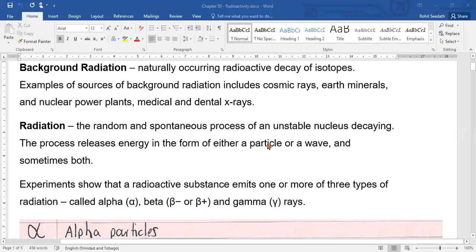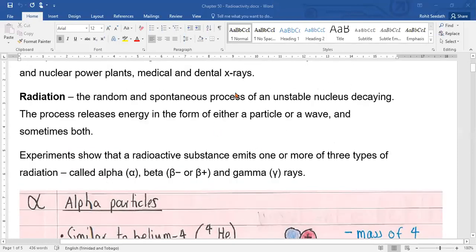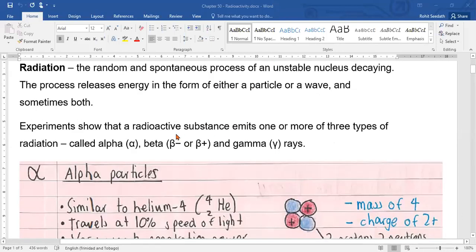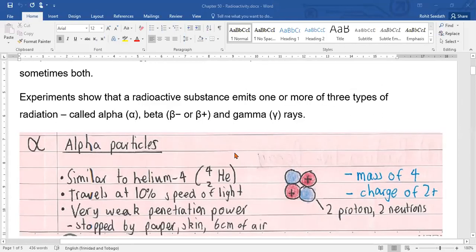Radiation is the random and spontaneous process of an unstable nucleus decaying. The process releases energy in the form of either a particle or wave, and sometimes both. Experiments show that radioactive substances emit one or more of three types of radiation called alpha, beta, and gamma. These are all Greek symbols.